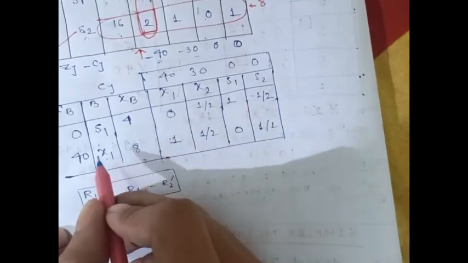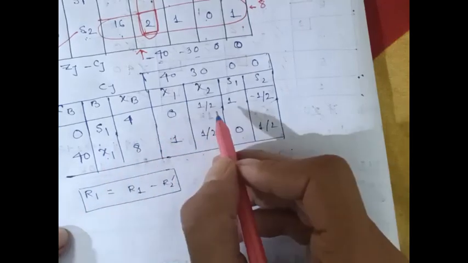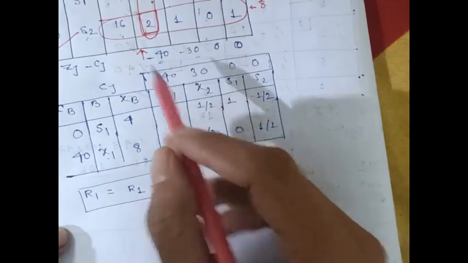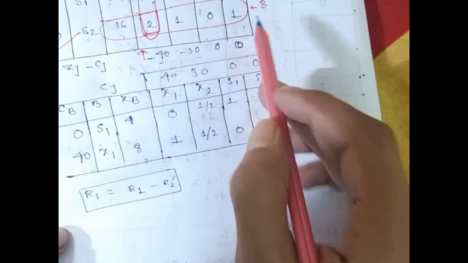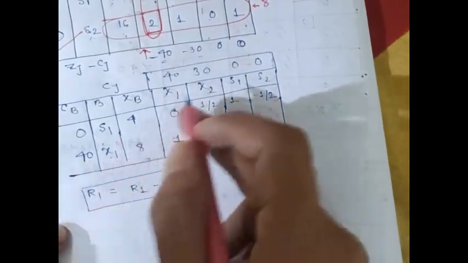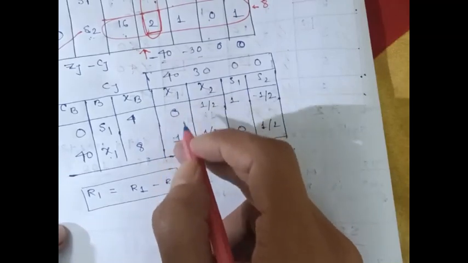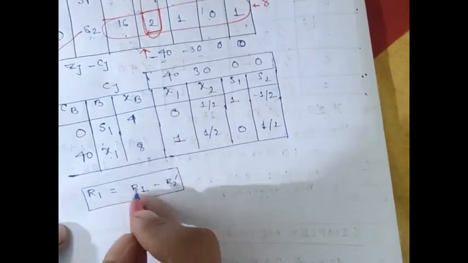Here in place of h2 it was 0 1, so we have to make this x1 0 1. So we have made this x1 0 1 by this row operation.